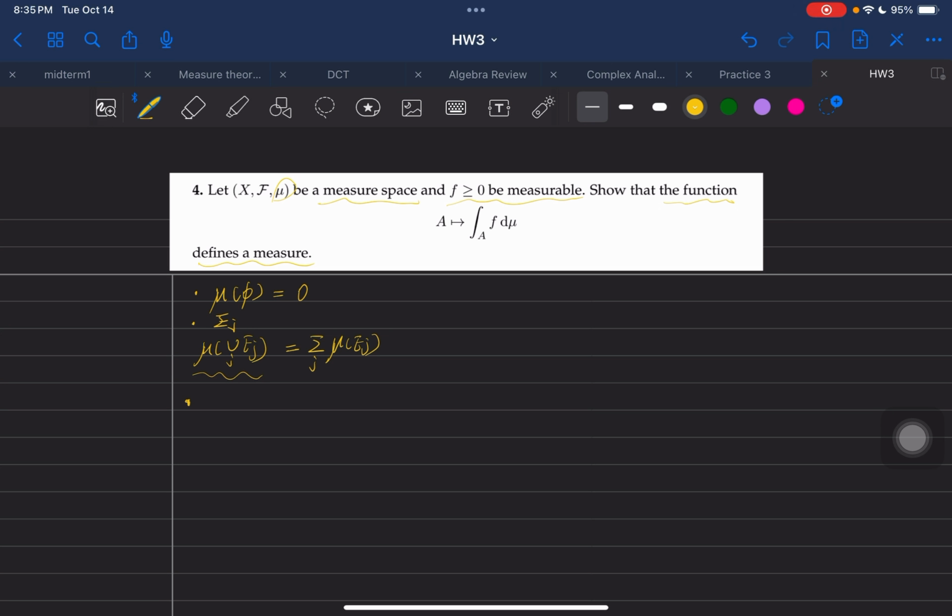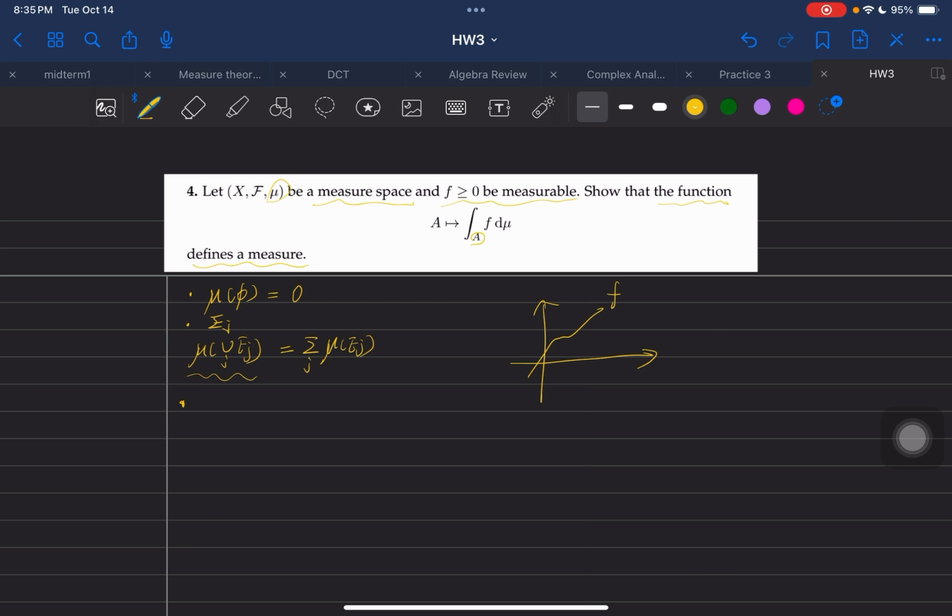I do want to emphasize that how we're gonna do the problem is by using indicator functions. So remember, if we integrate some function over a set, for example, we have some function and we know the integral of the function is the area between the function and the axis.